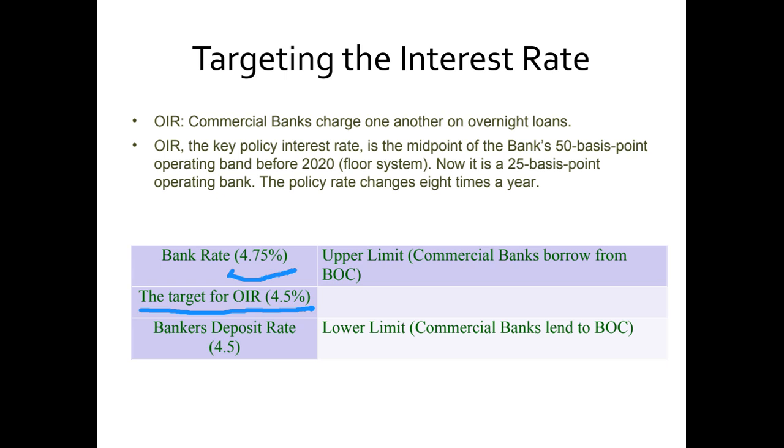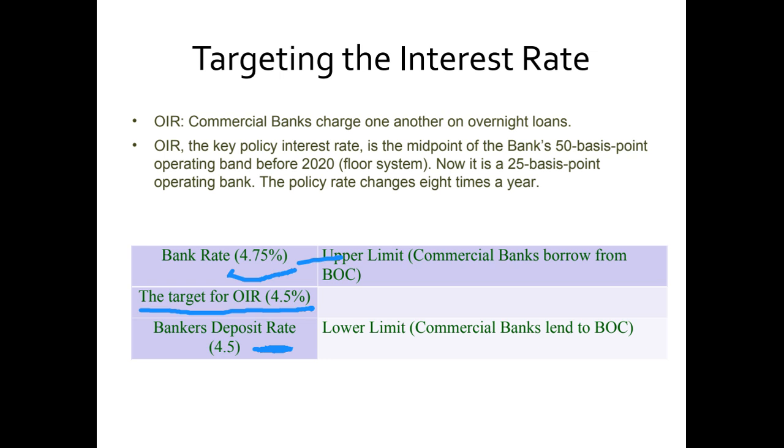Now, before 2020, the bankers' deposit rate was 0.25 less than the policy rate, that is 4.25%. So before 2020, it was 4.25 instead of 4.5, and the difference between 4.25 and 4.75 was 0.5%.